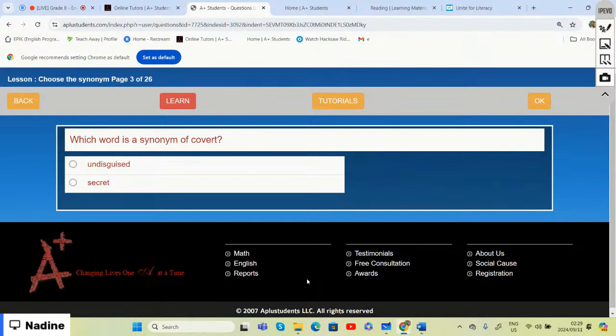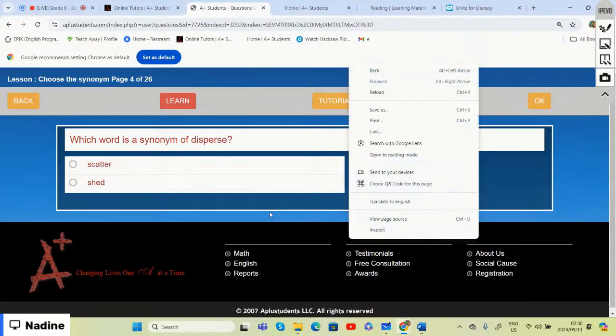Is it undisguised or secret? And the word that's the same as covered, or let's say the synonym of covered, right? We can say the synonym of covered is secret, right? It's something that is not openly acknowledged, right?